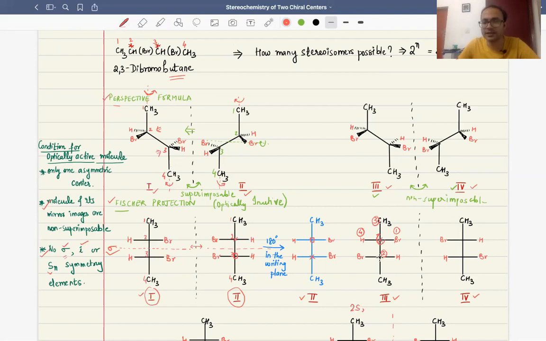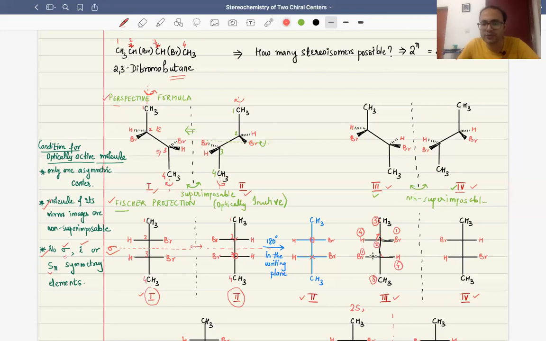Okay, so let us look at the third carbon atom. So this is the carbon atom. Let me remove these particular things here. Let me complete these lines, otherwise you'll get confused. Now if I assign the priority, first priority will go here, second priority will go to this carbon, third priority will go to this carbon, and the fourth priority is again the hydrogen.